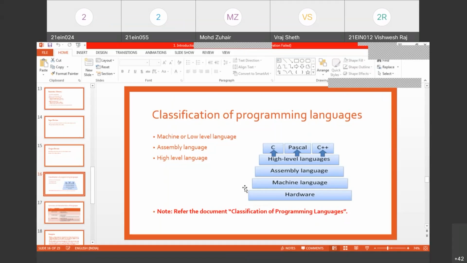Then we have machine languages, which are the languages the components understand. Then we have assembly level language, and then high level languages like C, Pascal, C++, Java, Python, etc.